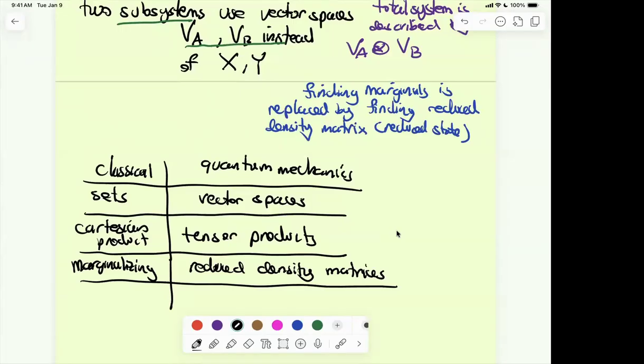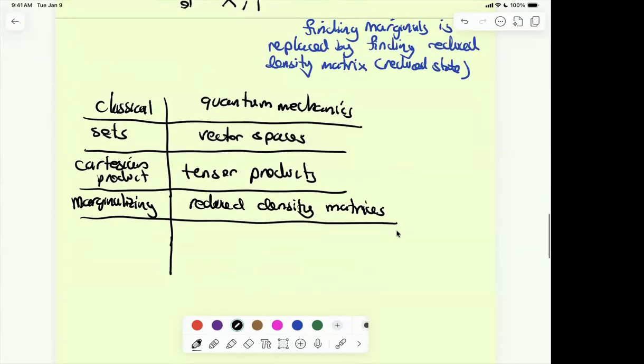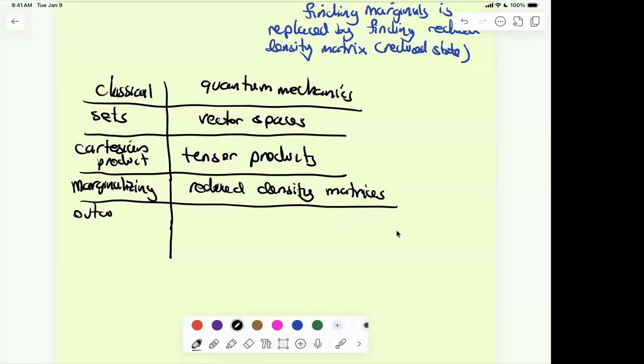And this is maybe where I would start. The other thing is what you would call the outcomes of the experiment, which are usually called observables. For example, the outcomes of the experiment for Alice and Bob would be getting heads or tails, which you can describe as 0 or 1 if you think of it in bit notation.